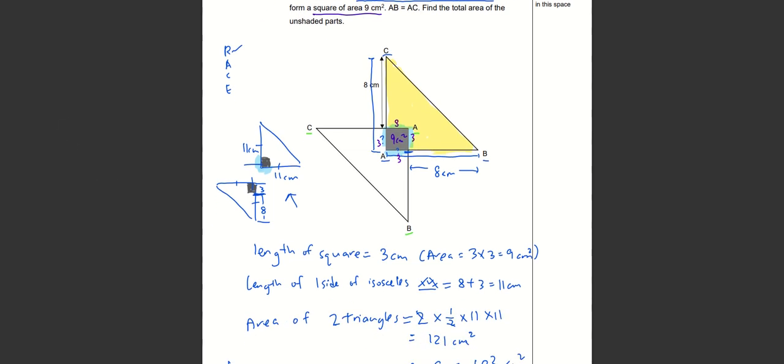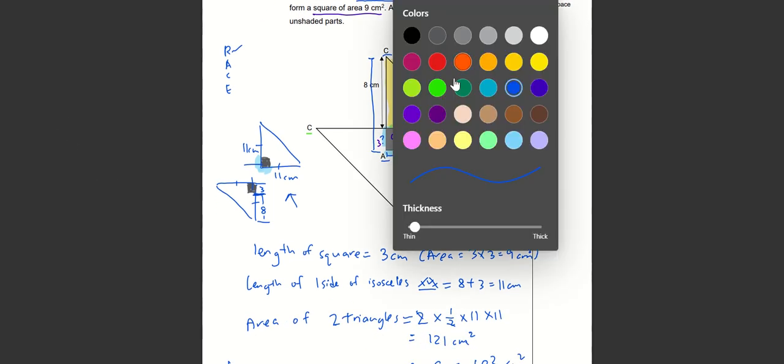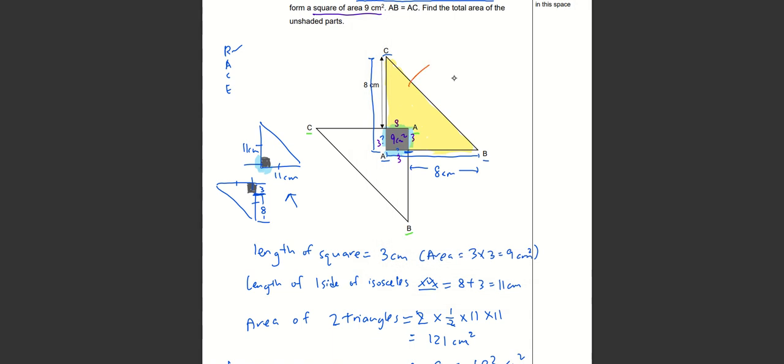Alternatively, this is another method. I can find the area of this triangle, half times 11 times 11, still the same formula, and this time round you get me 60.5 square centimeters.